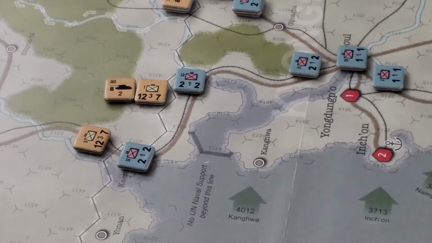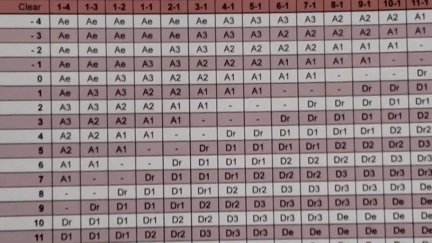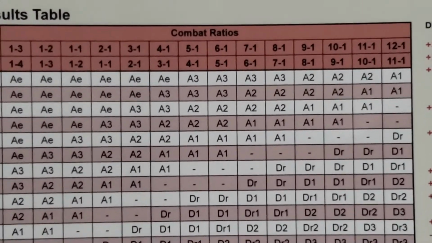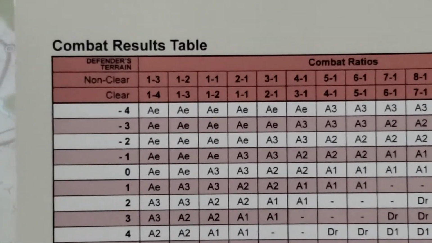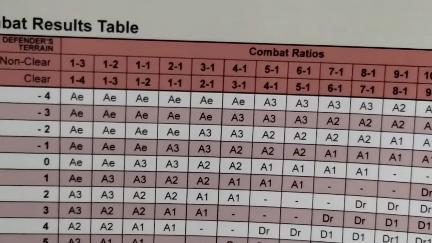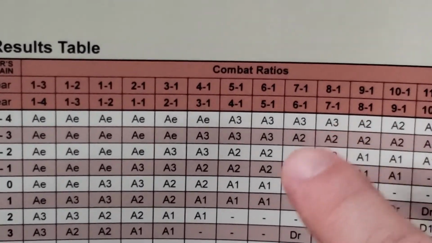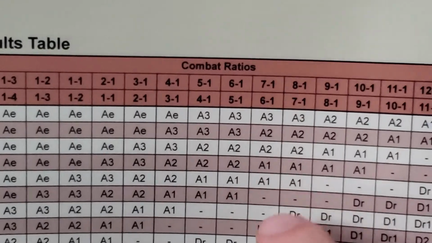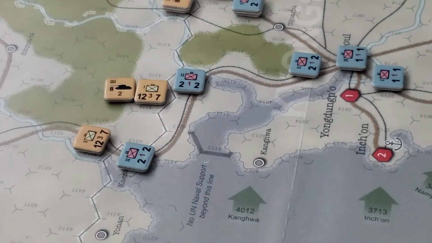What it does impact, and this is going to be something you'll see in the combat charts, is when you look at these combat ratios, we're at 6-1. The defender's terrain is non-clear or clear. Well, for us, it's clear. So we're going to be using this column, just to show by way of example.